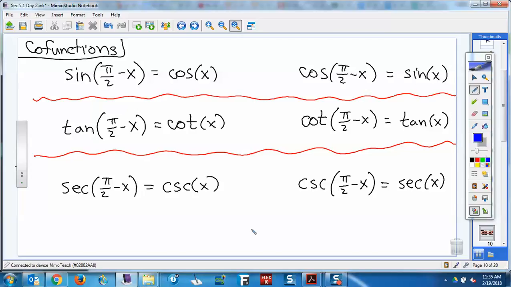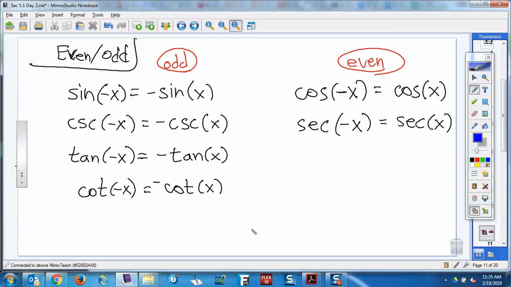Okay? Then the last set was the even odd ones. And these are going to be important ones to know because we don't want to leave our answers with a negative x on the inside. We're going to want to get that out of there. Well, if it's an odd function, basically that negative can just come to the outside. If it's an even function, basically the negative on the inside can just disappear.